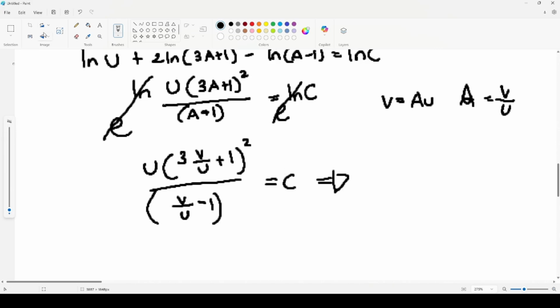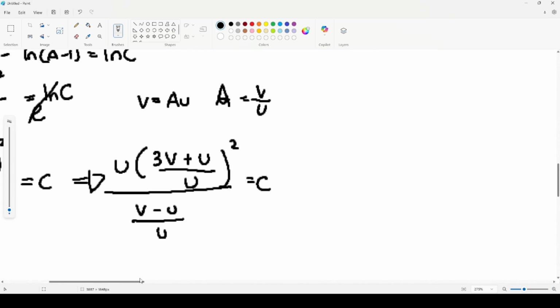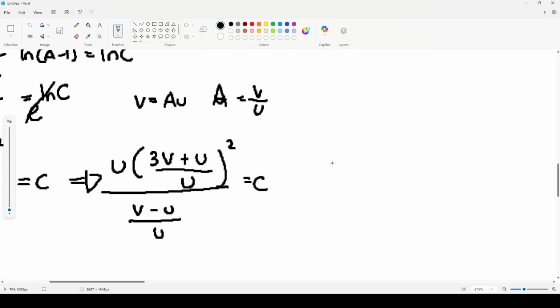Well, no. Just simplify further the fraction first. So u is multiplied to (3v plus u) over u, squared, over (v minus u) over u, is equal to c. So what I'm going to do is multiply both sides by v minus u.